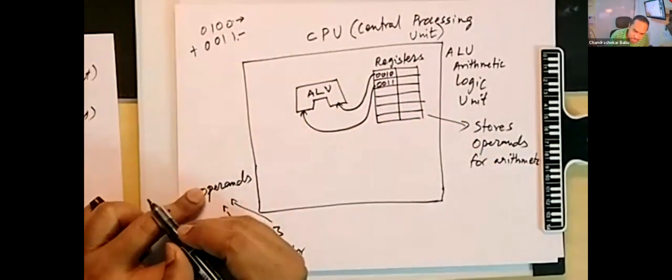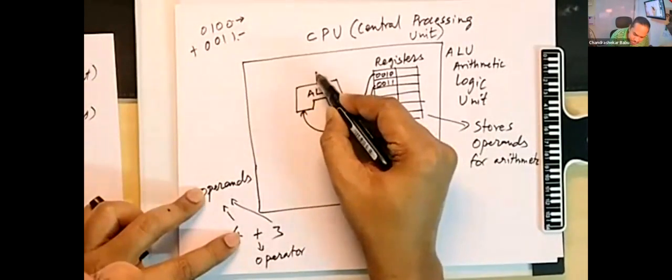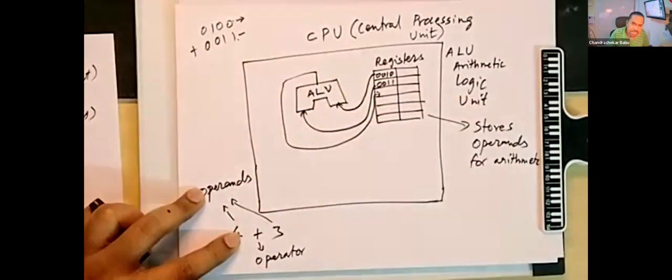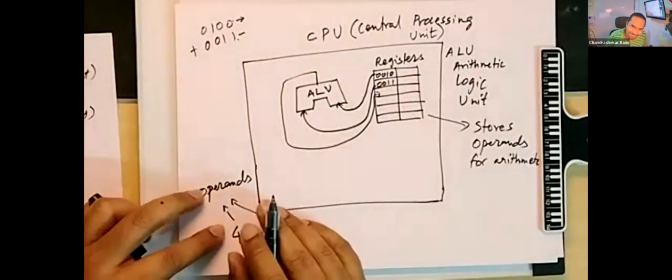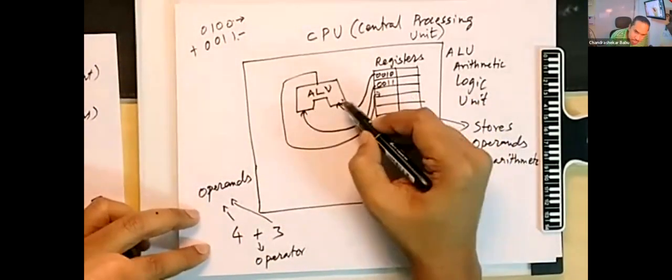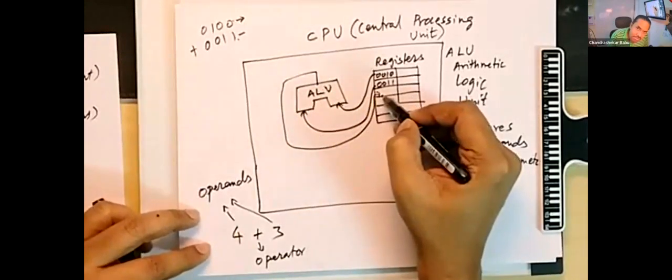ALU takes two inputs. And the ALU will compute and store the result, maybe in another register in some CPUs, or replace an existing register in some CPUs. It depends on the CPU design. Maybe the first register will be replaced with the result of these two operands, or maybe it will be stored in a third register.